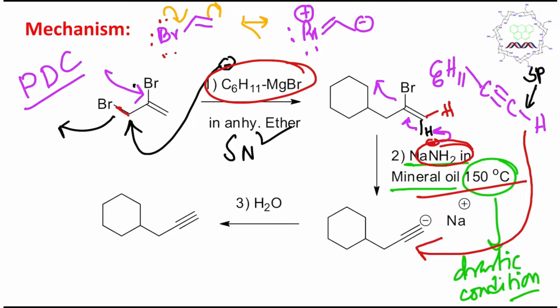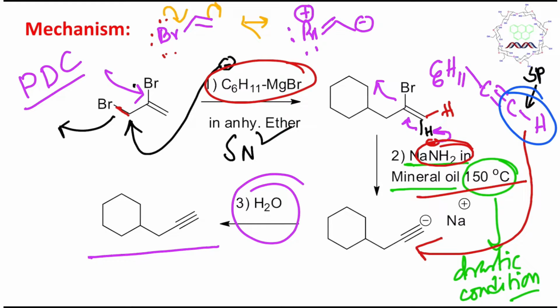Later, upon workup, it produces the terminal alkyne. An important point you should remember, students: whenever a terminal alkyne is produced, it will instantly react with base and produce this carbanion. So theoretically, greater than 2 equivalents of base is essential to make the reaction complete.